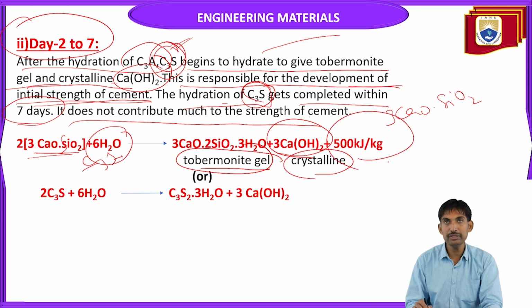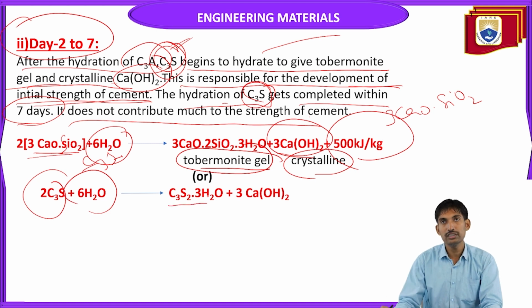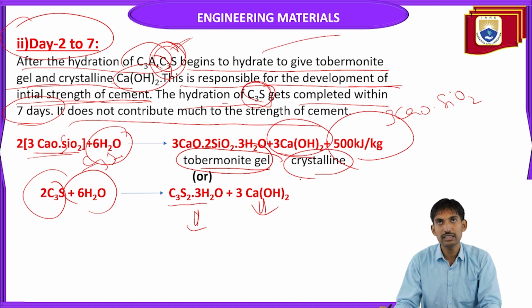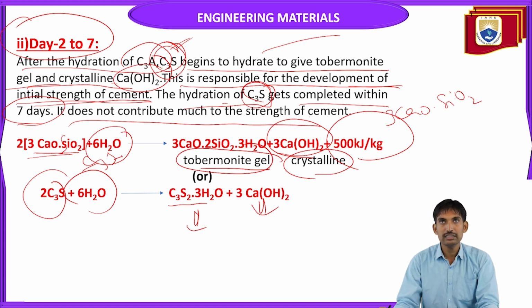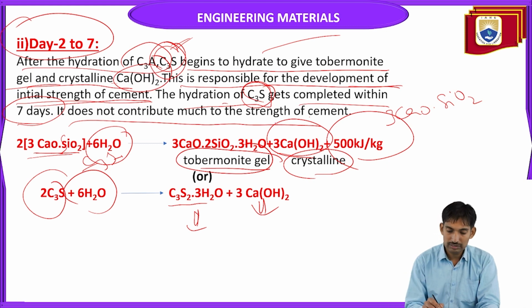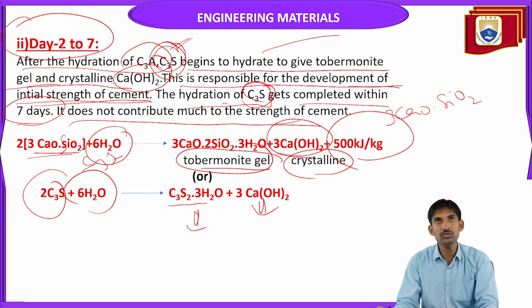It is an exothermic reaction. In short form, C3S reacts with water and forms C3S2H3, the tobermorite gel, and the crystalline solid, calcium hydroxide. It is an exothermic reaction. This reaction does not contribute much to the strength of the cement. It takes place in day 2 to day 7.